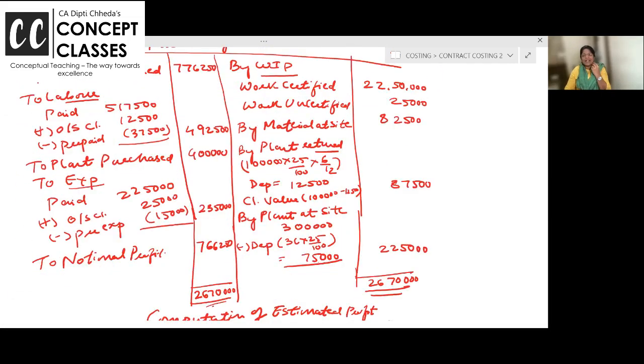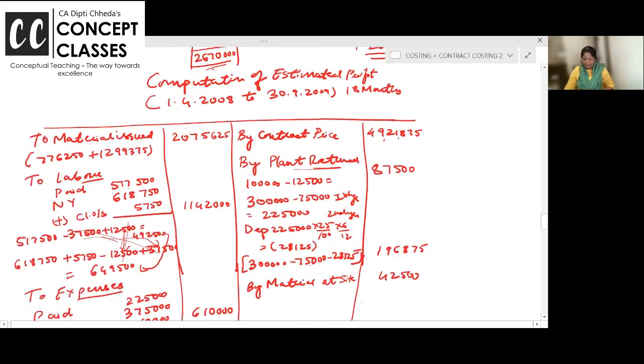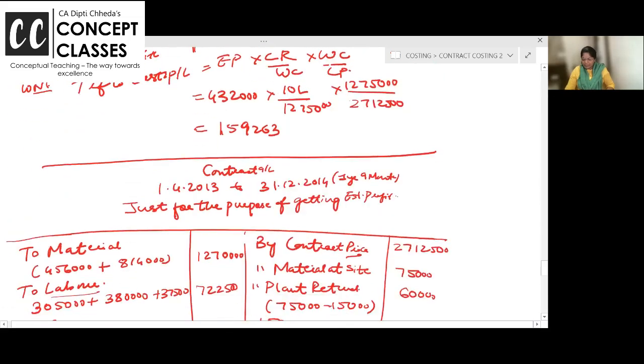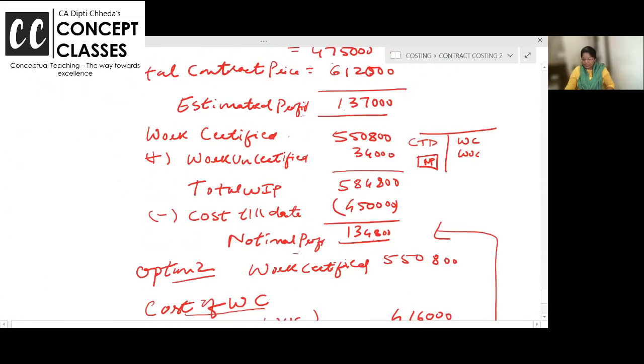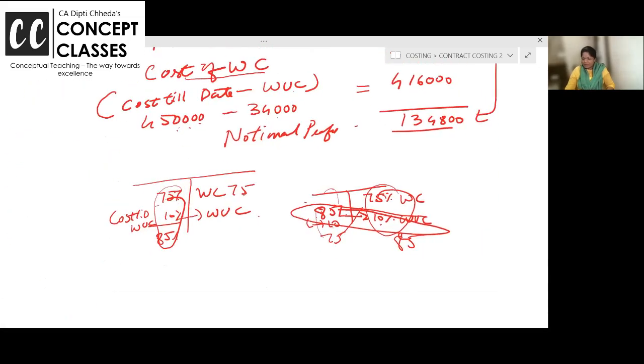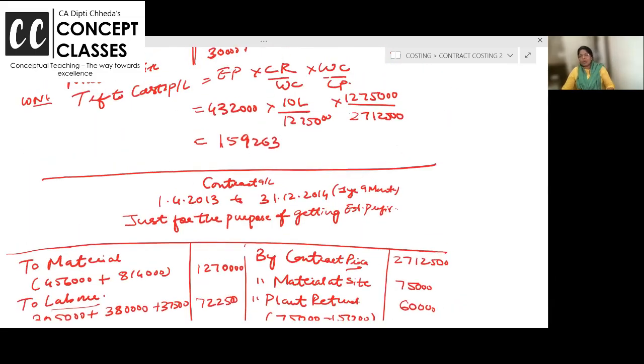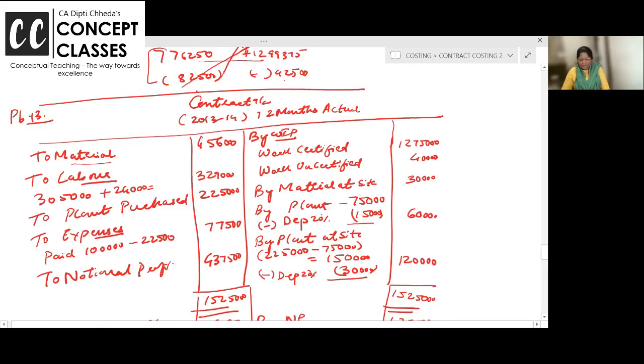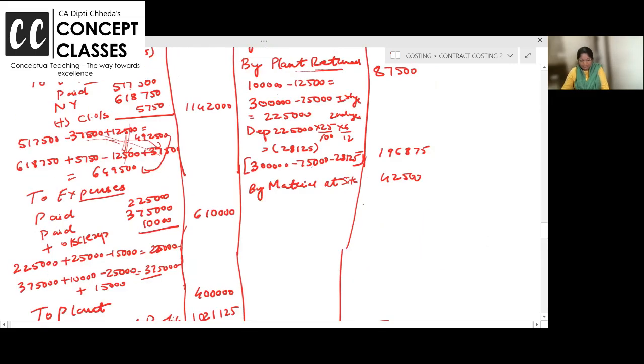And then today's class, prepare the contract account for 12 months and prepare estimated profit for 16 months, 18 months, 20 months. And last we did these small questions. Right. I've done like this small questions, 10th and 11th also earlier. 10th I think we have completed it, but check kar lete hain.